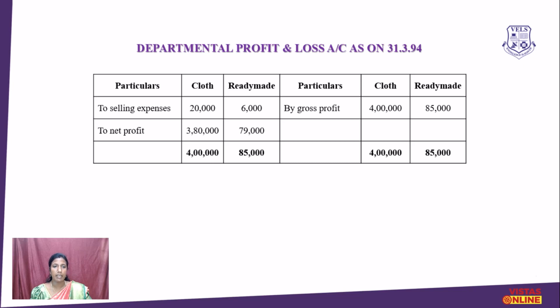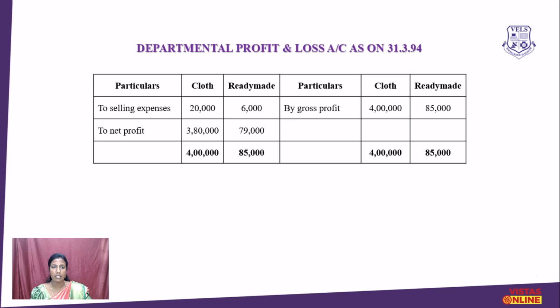On the debit side, to selling expenses 20,000, ready-made department 6,000. By gross profit brought down, 4 lakh; ready-made department gross profit is 85,000. The overall total is 4 lakh, and ready-made total is 85,000.